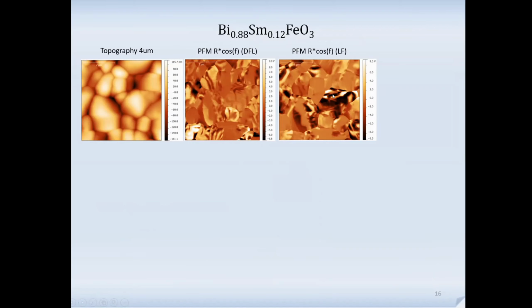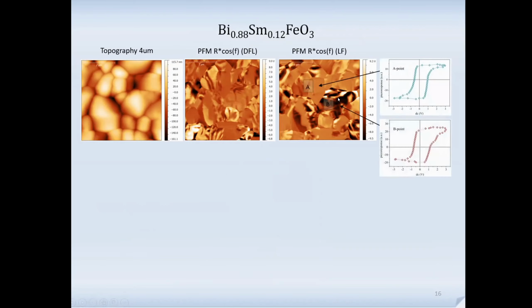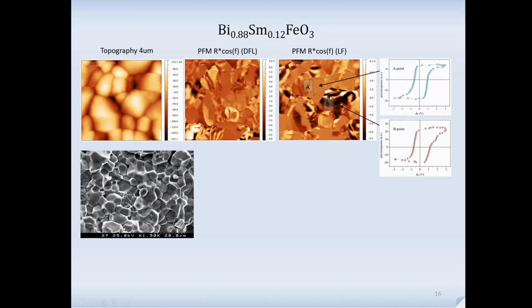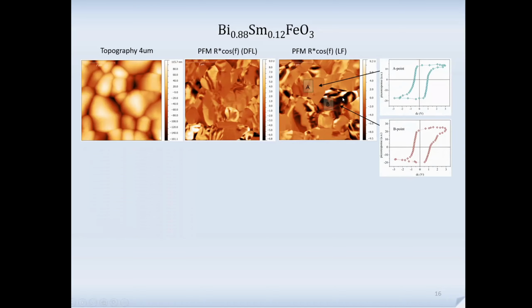We can distinguish some grains with nice patterns, a nice image, and we can distinguish different phases. In some places we can get an open loop, PFM switching spectroscopy, and this is ascribed to the rhombohedral phase.